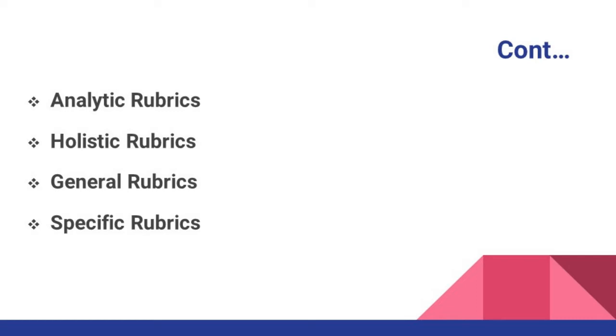The third type is general rubrics. In general rubrics, criteria and descriptions of performances are included which may be applied across disciplines or a coherent area. It can be used for different tasks with similar performances and has wider application.